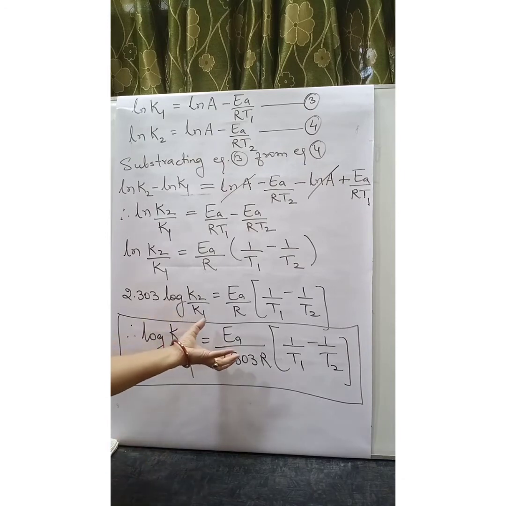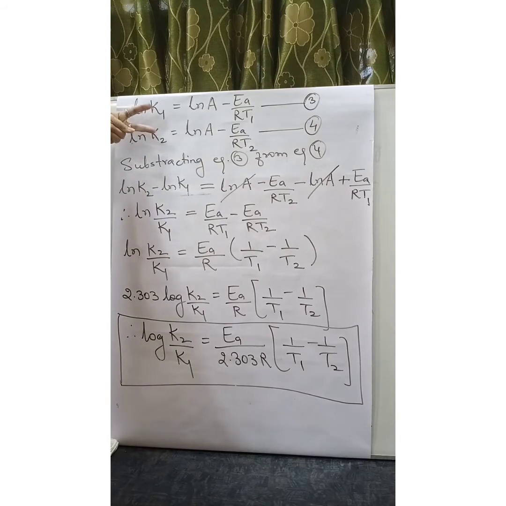Now, let us test the validity of this equation, whether the Arrhenius equation is right or wrong. For testing the validity of the equation, let us consider the general form of this equation and plot a graph. If we get a linear graph, that means it is valid.